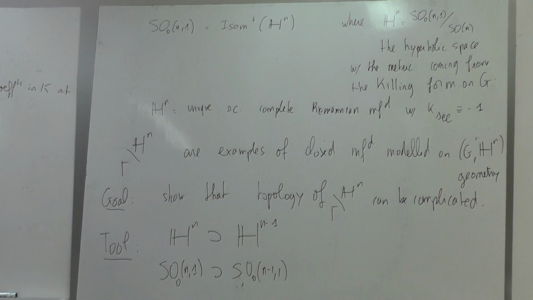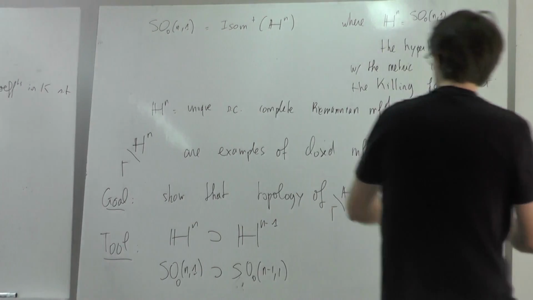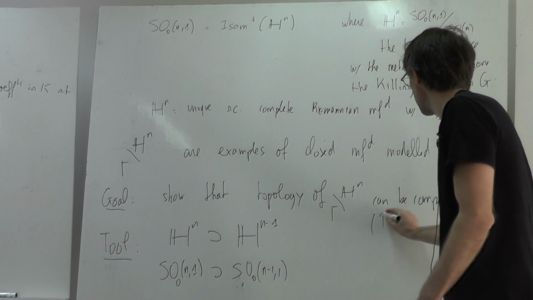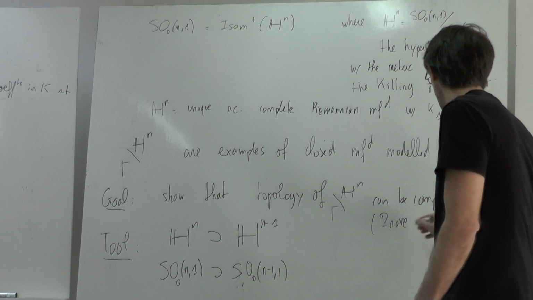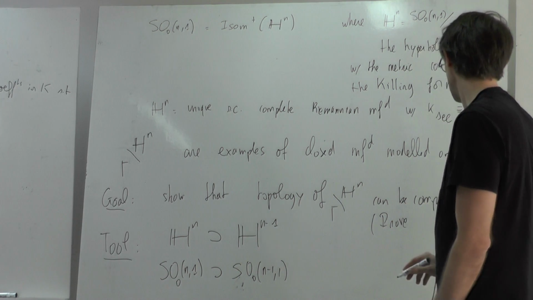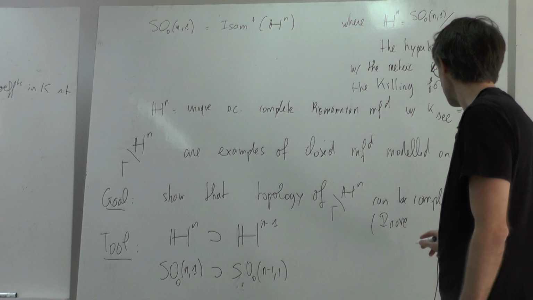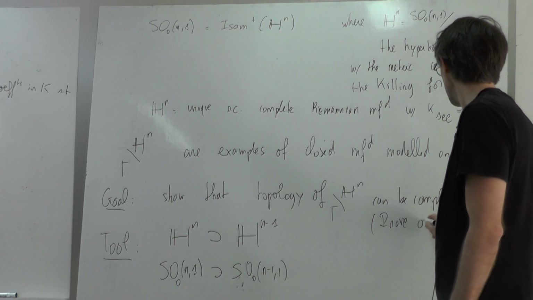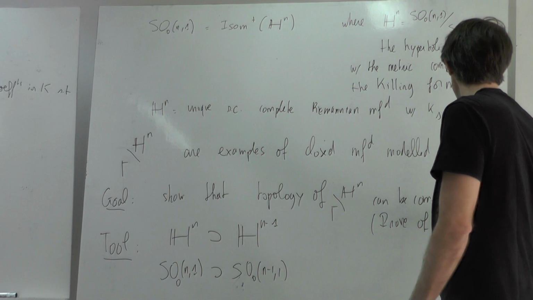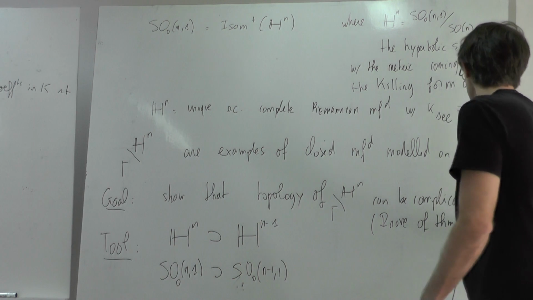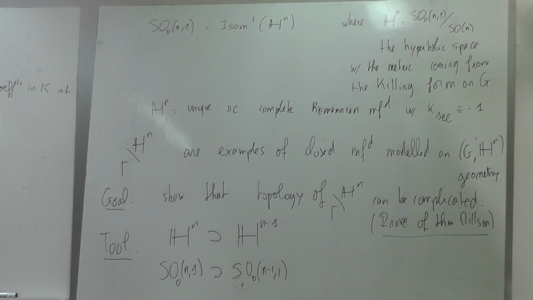So the goal will be to prove a theorem of Millson. Before studying it, I will start to discuss some key part of the proof. So first, consider what I will call gamma hyperplanes.